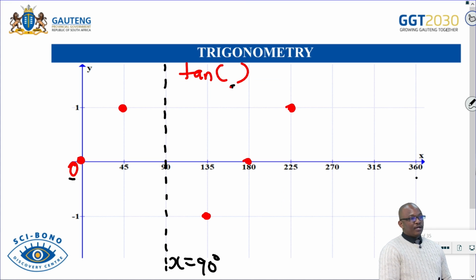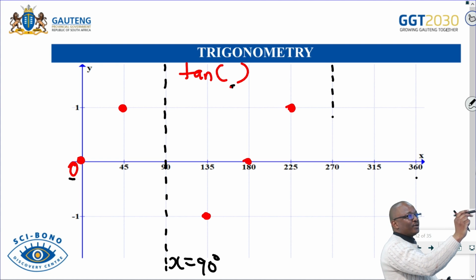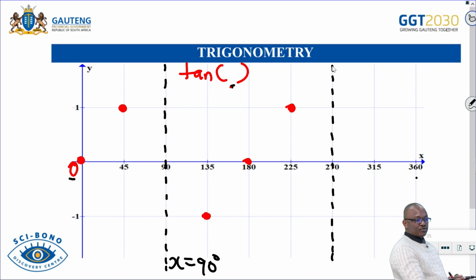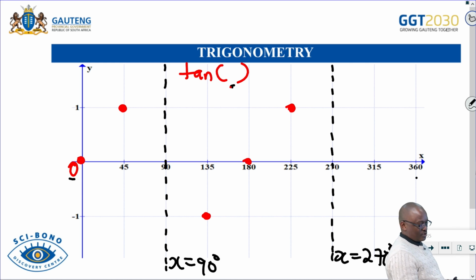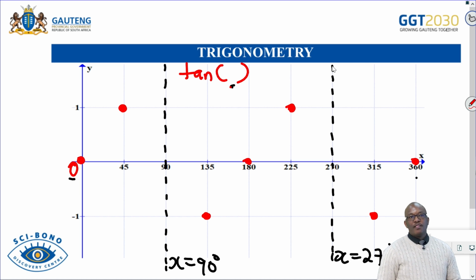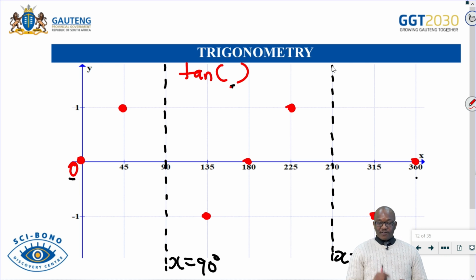So at 270, we are also going to have an asymptote. Correct. So the equation is x is equal to 270. Then when we're saying tan 315, you will get -1, and tan 360, you will get 0. So those are the points for our graph of tan.